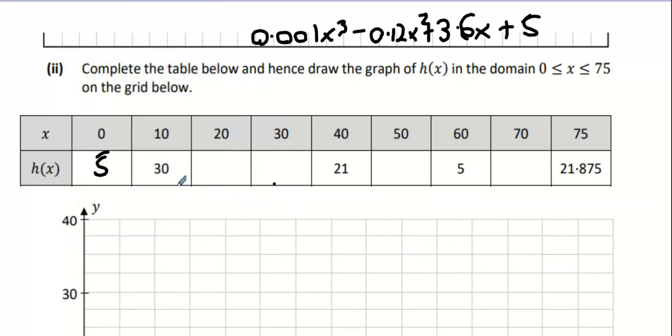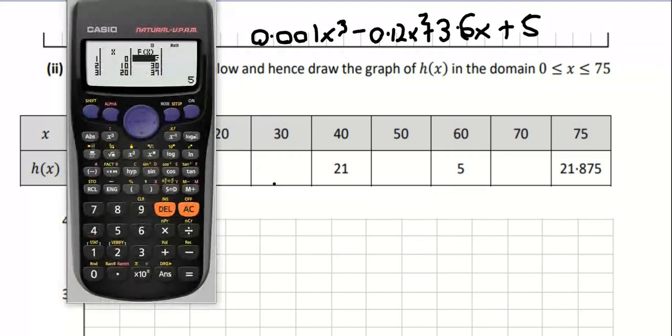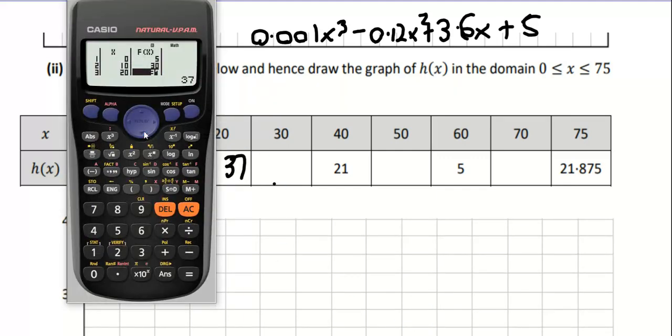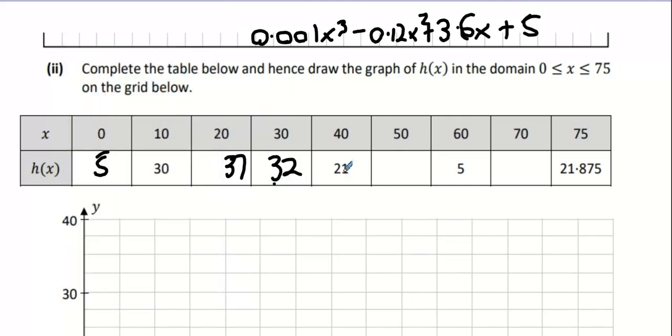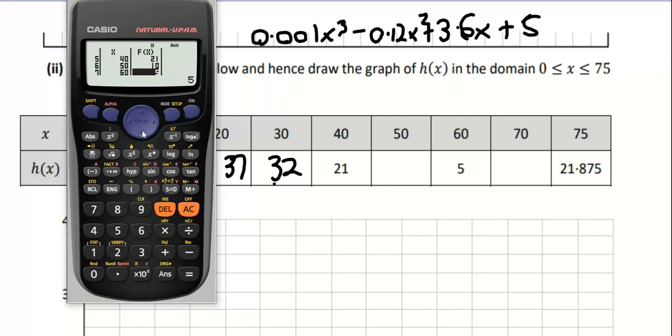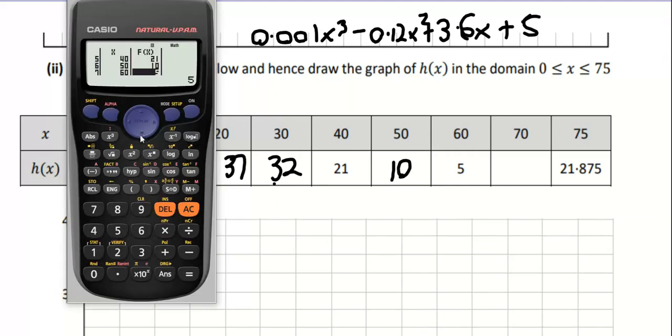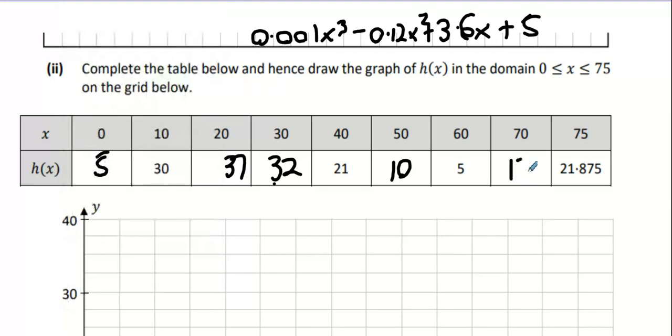So 0, 5, 10, 30, 20, 37, 30, 32, 40, 21, 50, 10, 60 is 5, and 70 is 12.